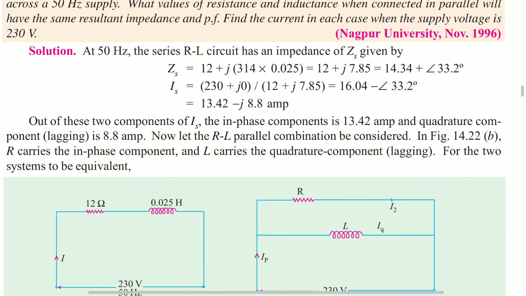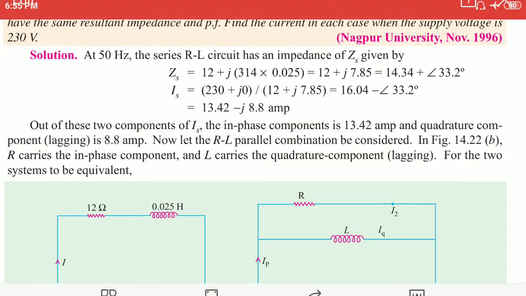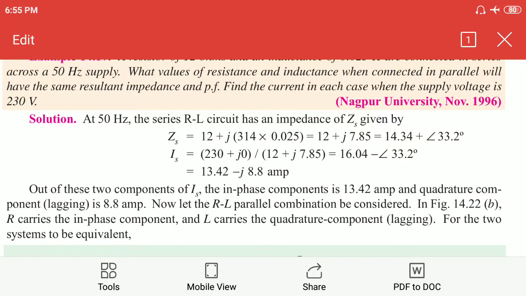R and L are connected in series across the 50 Hz supply. So they are asking what values, when this RL is connected in parallel, will give the same impedance and power factor.